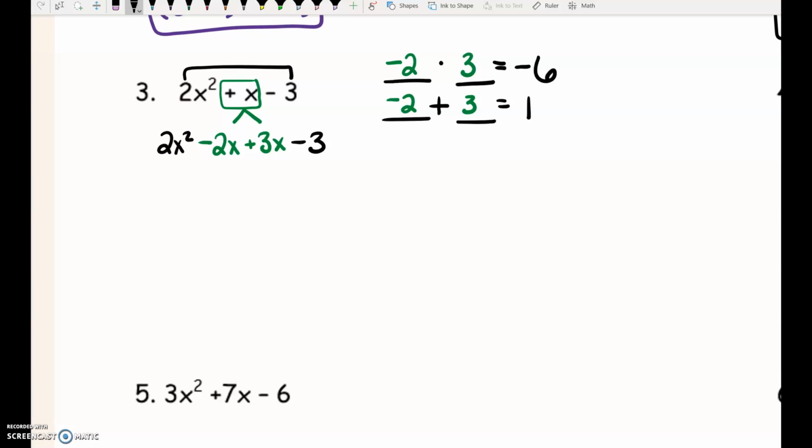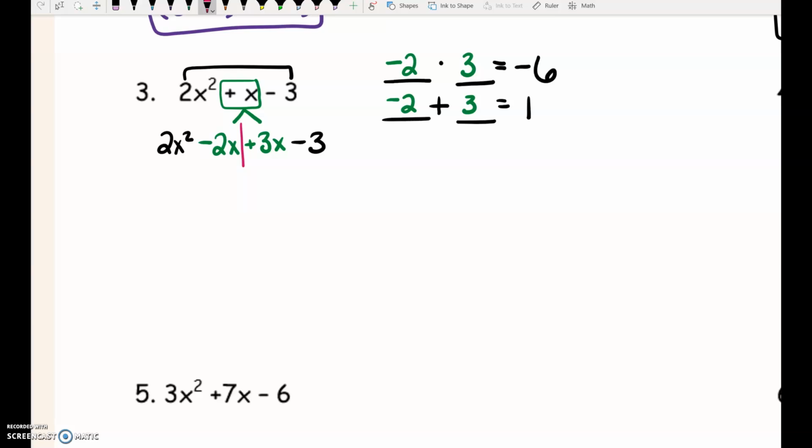We still have the minus 3 at the end. We're creating a 4-term expression instead of a 3-term expression. We're taking that middle term and unadding it together. Now I'm going to split this into 2 groups. Right after that second term, split it into 2 groups.